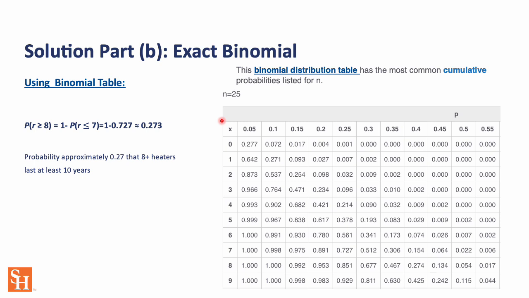So for the binomial probability table, for each n we have a separate table. So we have to look for a table where the n value is 25, and here are the values for the different probability values. So in our case the value of p was 0.25, if you remember. So we have to look at this column.